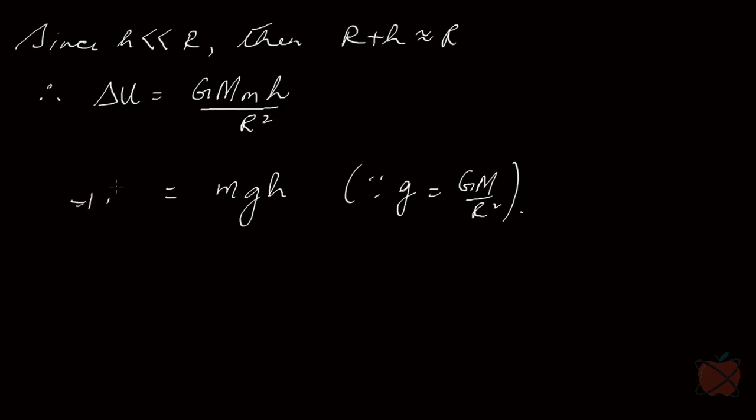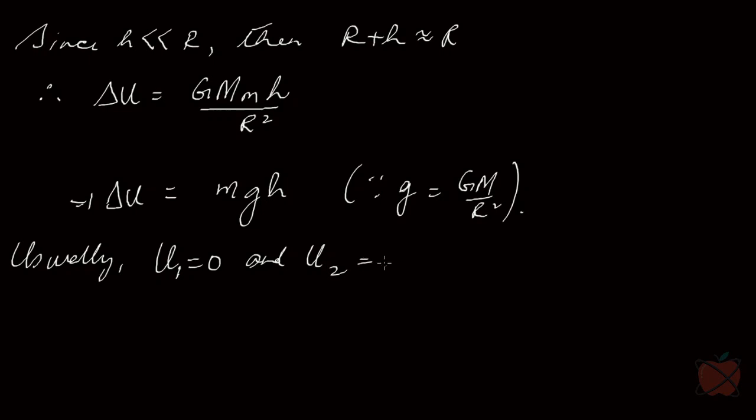All right, so this is delta U. Now usually what we take is, on the surface, the potential energy we take it to be 0. So that means U1 is 0, and the potential energy at some height we take it to be U. So here this delta U is what? Isn't this U2 minus U1?